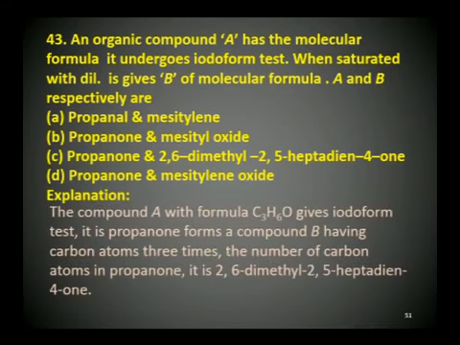The compound A with formula C3H6O gives the iodoform test. It is propanone. It forms a compound B having carbon atoms 3 times the number of carbon atoms in propanone. It is 2,6-dimethyl-2,5-heptadiene-4-one. So the answer is C.